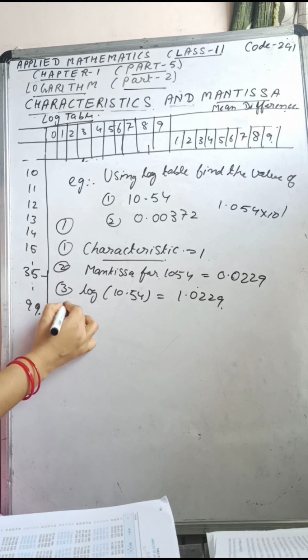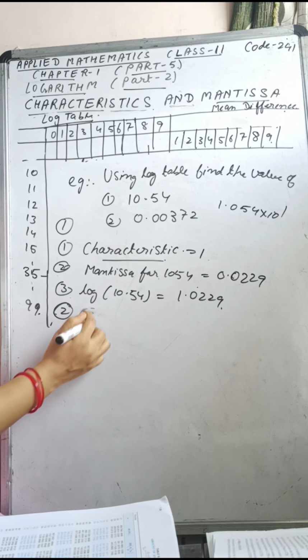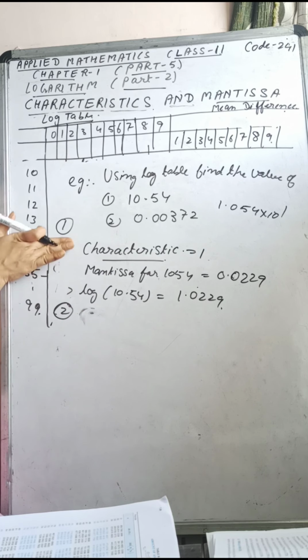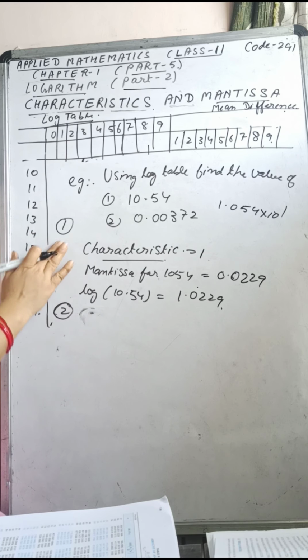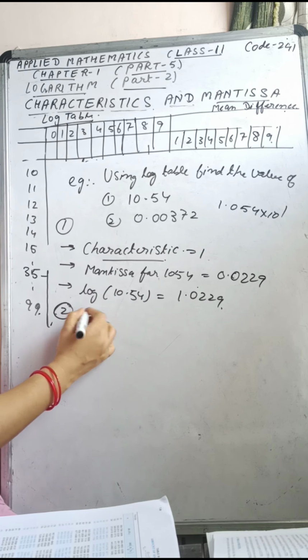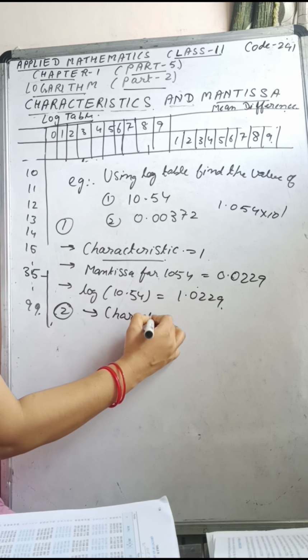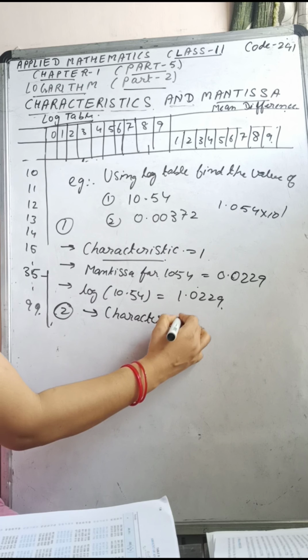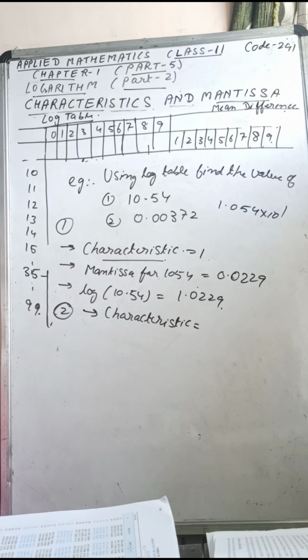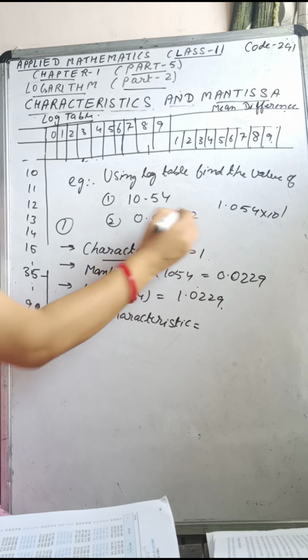Now for example number 2, the first step is the characteristic. Let me give the arrows, then you will understand. To convert into standard form, how many digits are there after the decimal: 1, 2, 3, 4, 5.